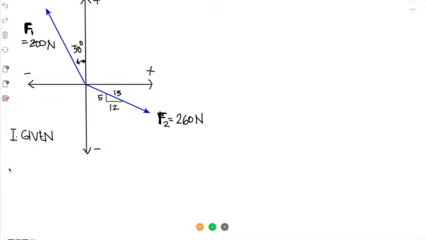Now we are looking for what the problem is asking. Required. So what is required is the Cartesian vector form of each vector, right?